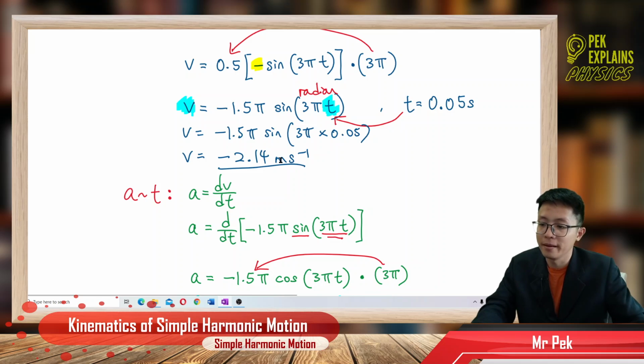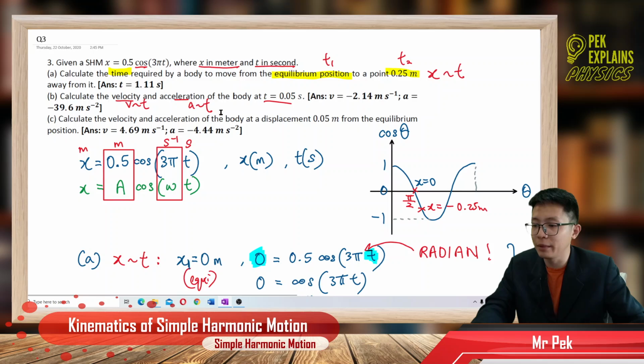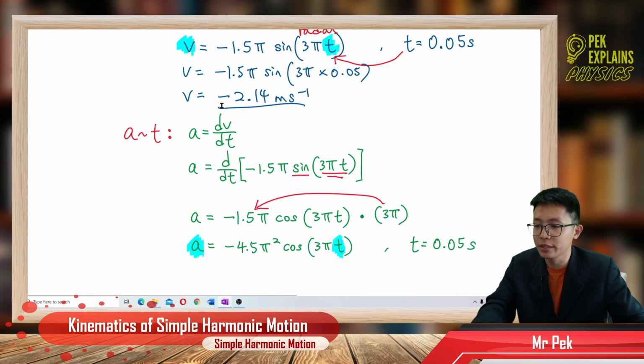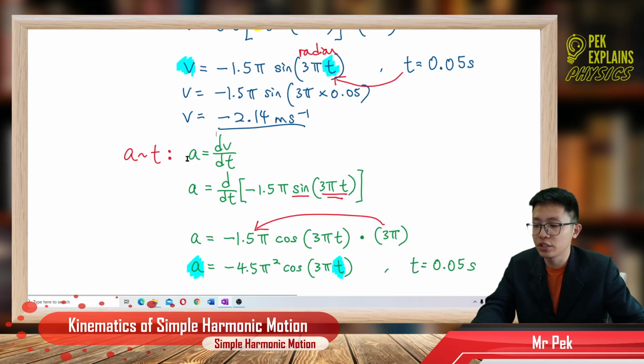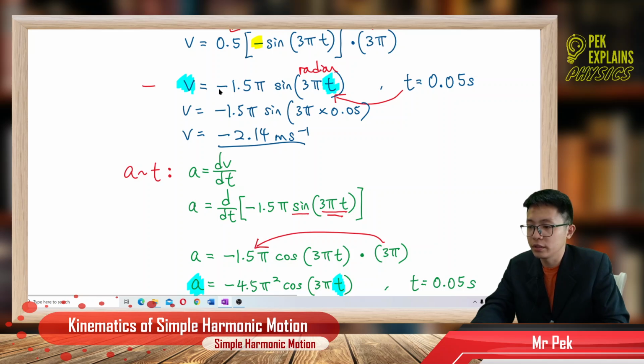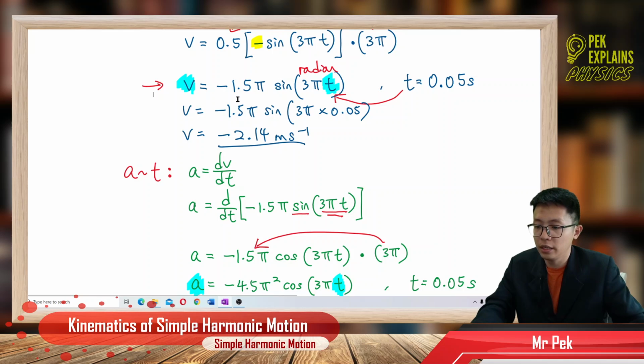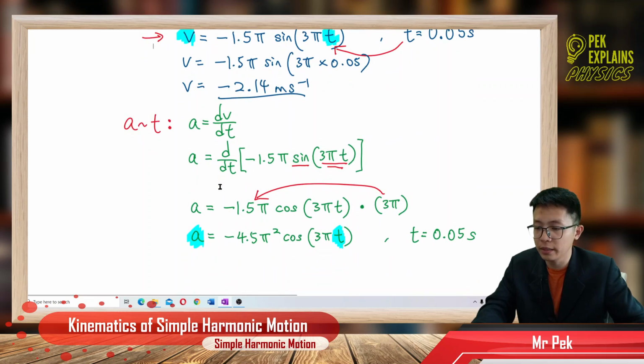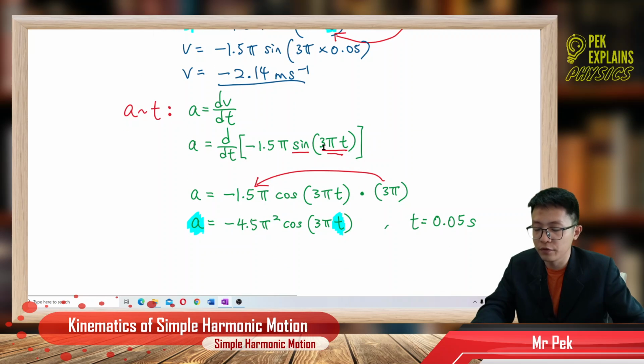Okay, now the acceleration-time equation. Again, we differentiate the velocity-time. Acceleration a is dv/dt. This is our velocity equation, just copy this in here. Now differentiate with time, differentiate outside, differentiate inside. Differentiate outside: negative 1.5 pi, maintain.